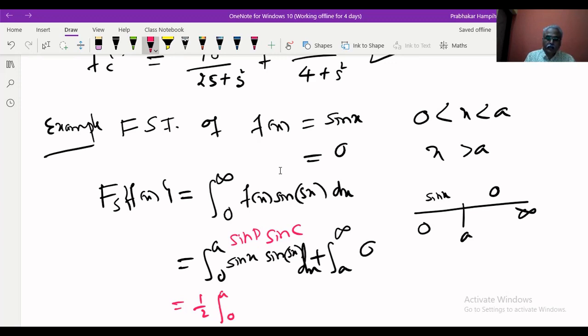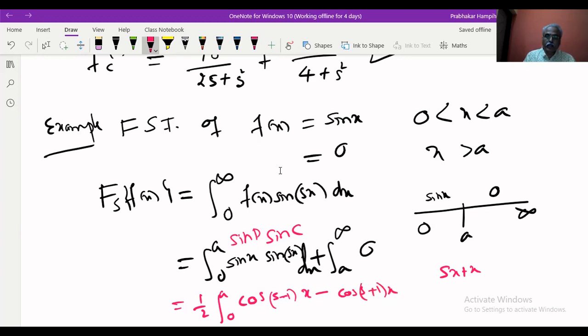This is cos of c minus d, which is sx minus x, that is s minus 1 into x, minus cos of c plus d, which is cos of s plus 1 into x.